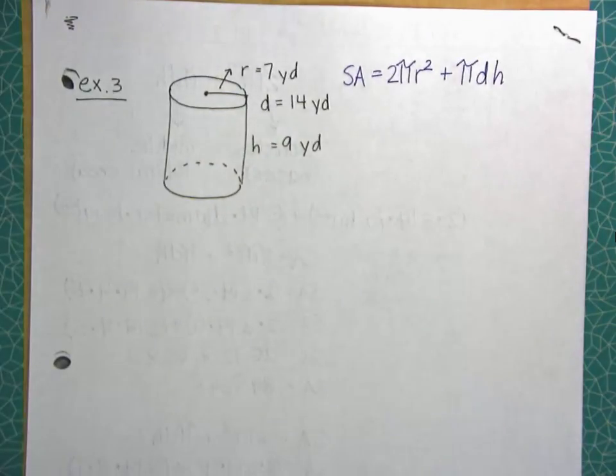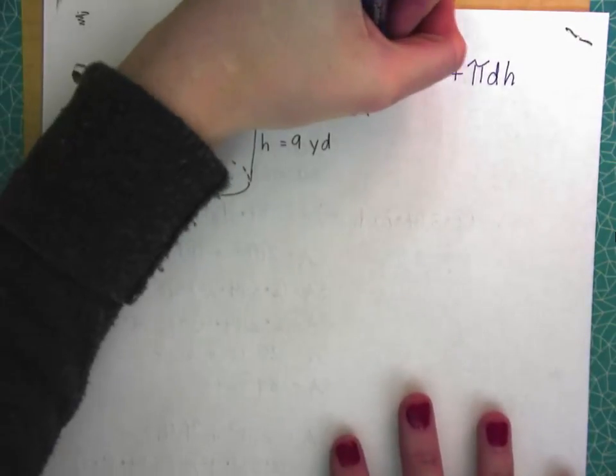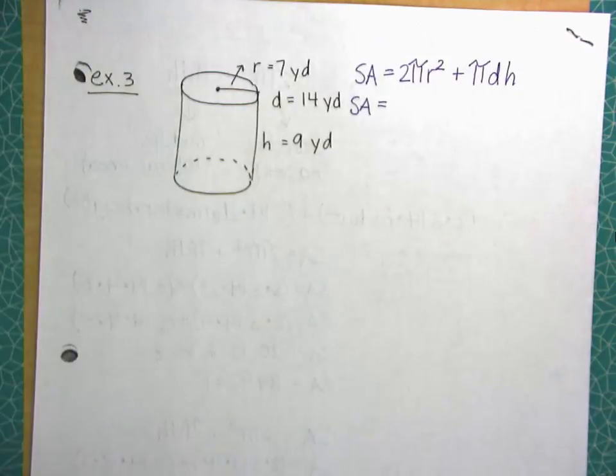All right, now, what's my next step? Plugging in all the numbers. I need to plug everything in. Okay? All right, so who wants to tell me when I plug everything in what the whole thing would say before I solve it? Karen?